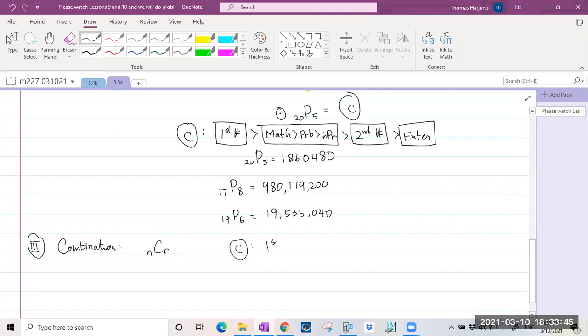So the first number, and then you go to Math, PRB, nCr, and then you enter the second number, and then enter.